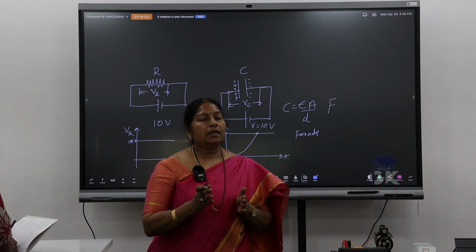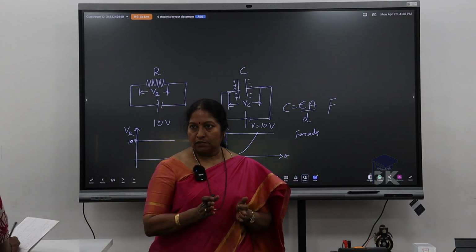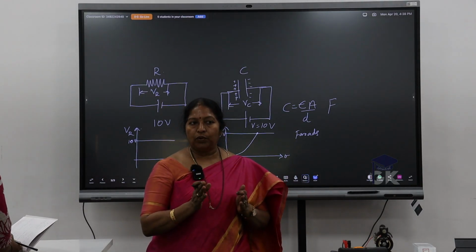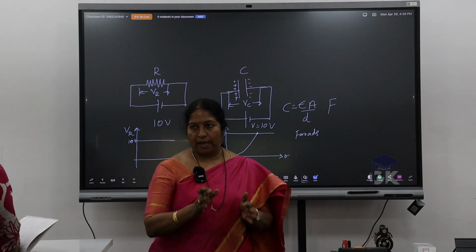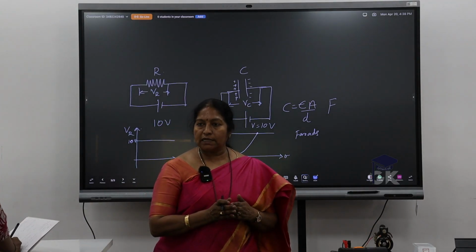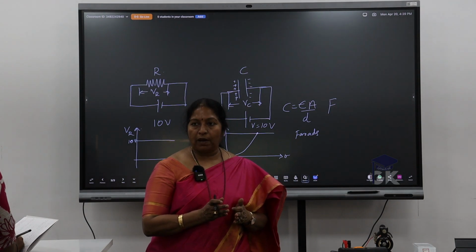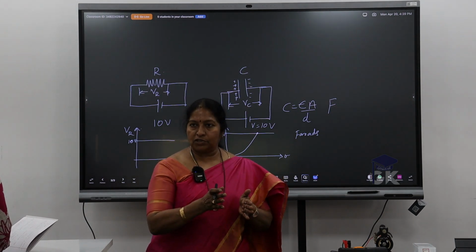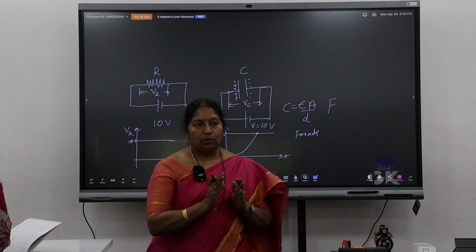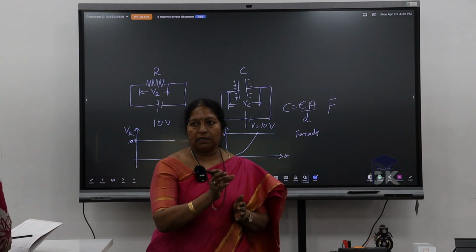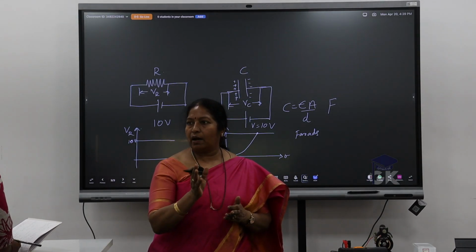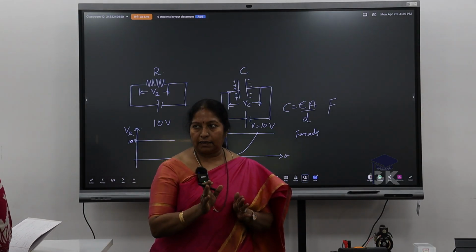That is called capacitance, and the unit of capacitance is farads. What does the capacitance of a capacitor depend on? It depends upon the area of cross section of the conducting plates, the dielectric material, and the distance between the two conducting plates.